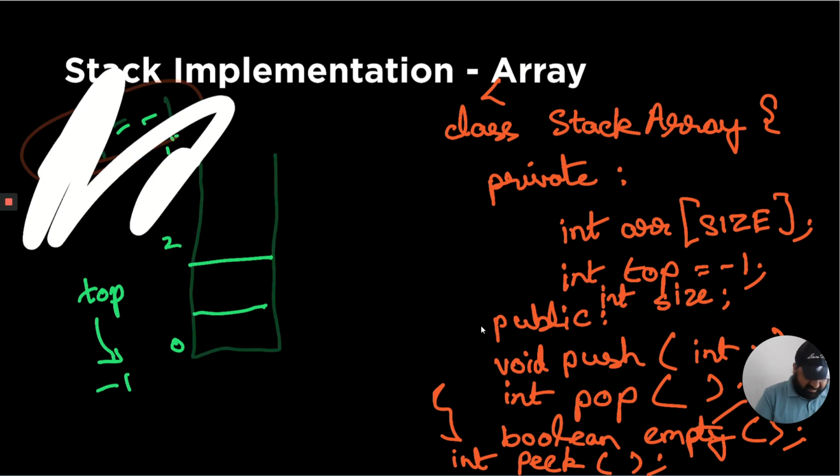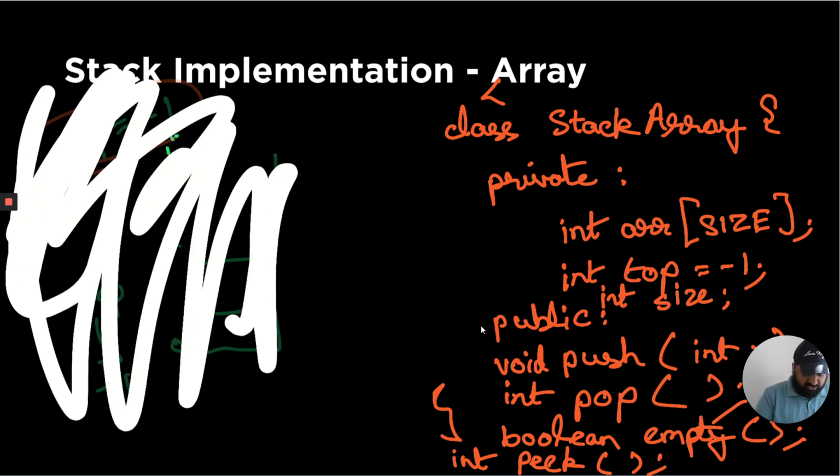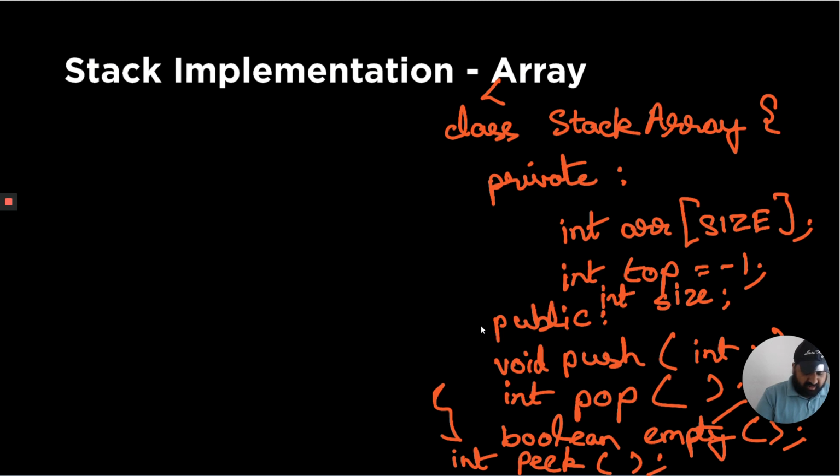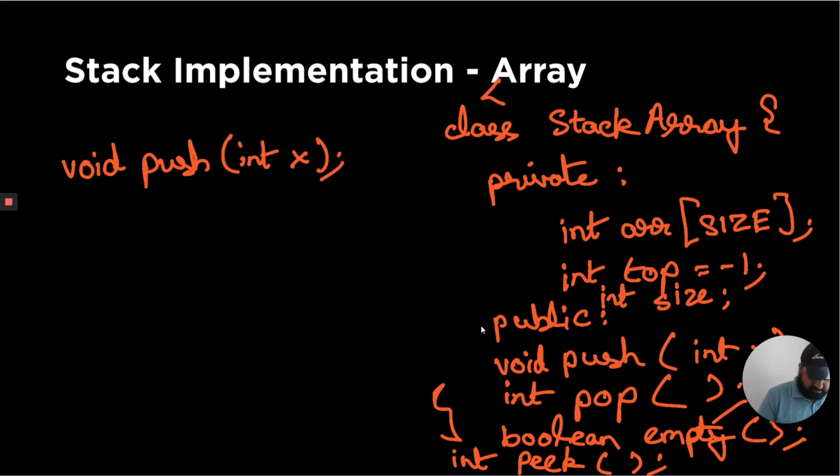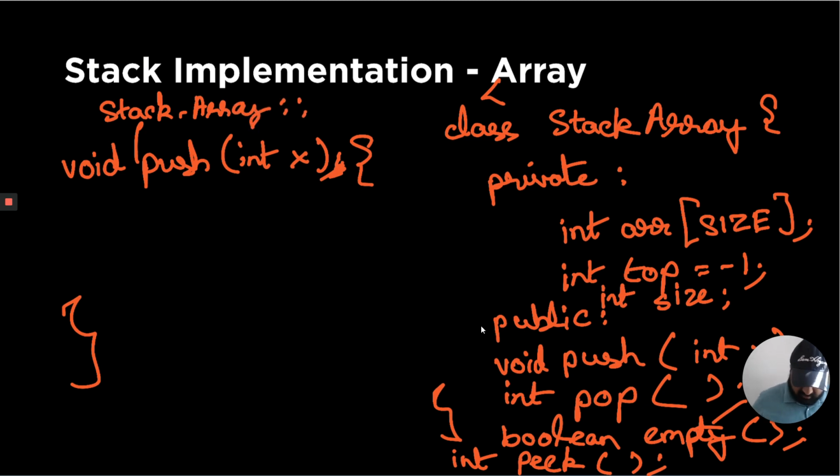So let's say we are trying to implement the push operation. How we can do that is, if we have a void push int x, again, I'm leaving this out, but this has to be something like stack array followed by the scope resolution operator, because we are defining these outside of the class.